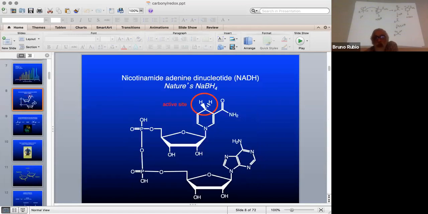Yeah, okay, so here is the structure of NAD plus. See this part up here, okay, this is NADH. And so all of the action is happening here in this red circle, right? That's the product, that's NADH, a nicotinamide adenine dinucleotide.